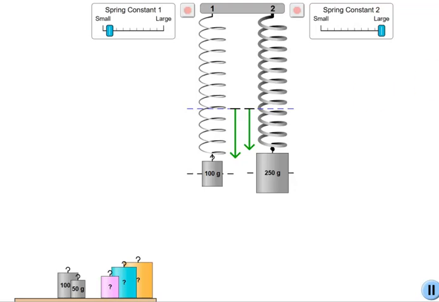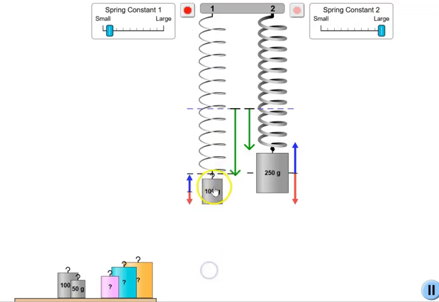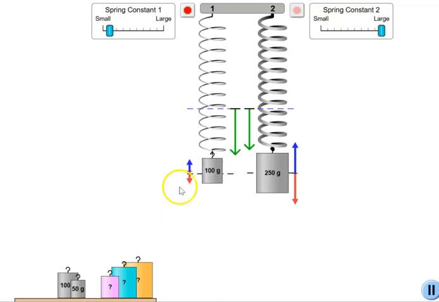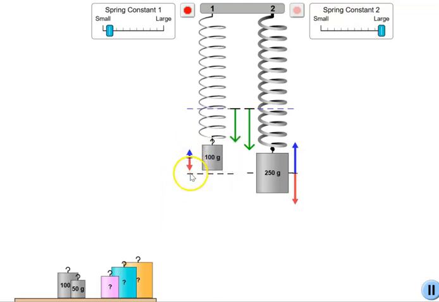We can look at gravity and look at the force and the opposite. That's when it's in equilibrium. If we set this off, you can see that the force is changing. The blue arrow is changing.